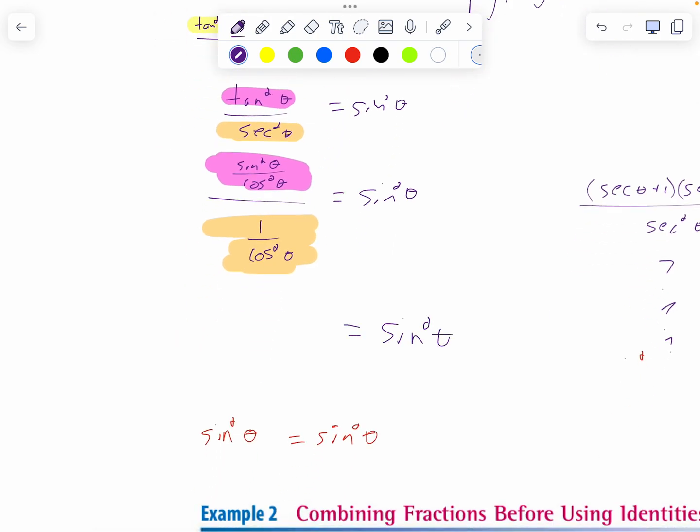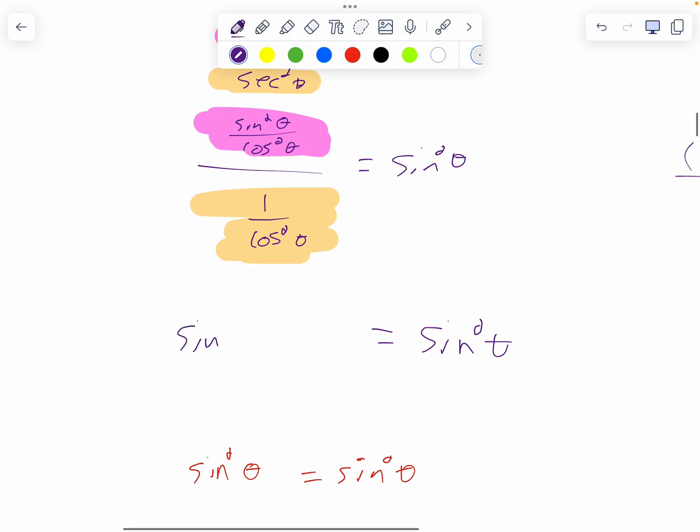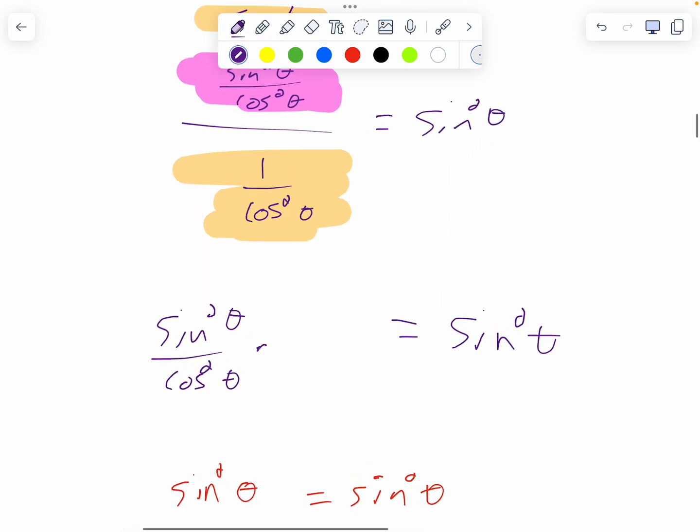On the left side, sine squared theta over cosine squared theta. If I'm dividing by 1 over cosine squared theta, it's the same thing as multiplying by cosine squared theta over 1. Division of a fraction is the same thing as multiplying by the reciprocal. Oh, this is awesome.